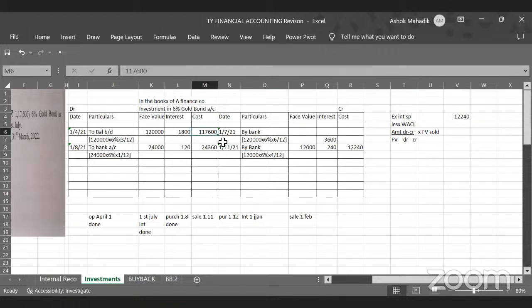So 117,600 plus 24,360, so 141,960. Minus credit: there is no transaction on the credit side except this sale. We need it in the face value and cost columns. Ignore the interest column. Clear?